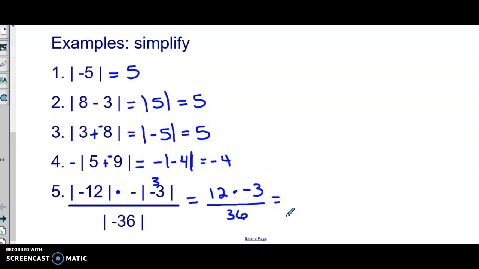We're going to multiply 12 times negative 3 equals negative 36, divided by 36. And then when we simplify that, anything divided by itself is 1. And we're dividing a negative number by a positive number, so we know that our answer is going to be negative. So the answer to this entire expression simplifies to negative 1.